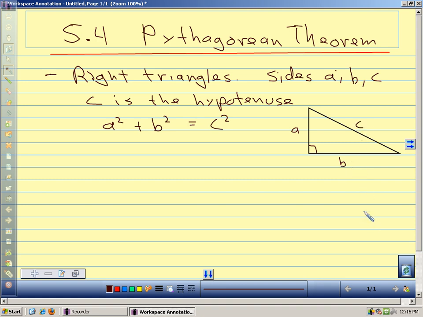C is opposite the right angle, so it's across the triangle from the right angle. And A and B, it doesn't matter what order I put A and B on the right triangle. Either of these two sides could be A or B, but C always has to be the longest, across from the right angle. So this is the Pythagorean theorem.